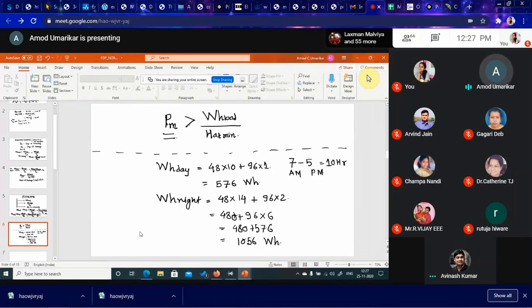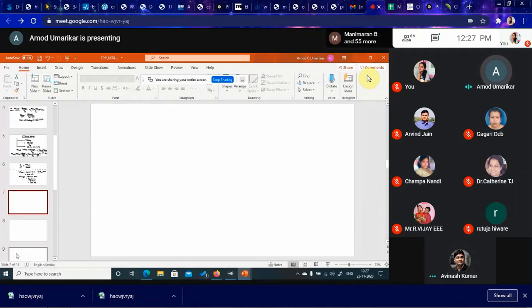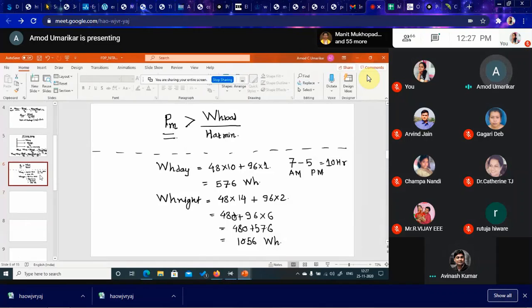Now we have found WH day and WH night. But of course, for the WH load in the night, we have to also consider battery efficiency. We have to always consider the battery efficiency. Let us take battery efficiency for our purpose as 0.8. So how much will this be?